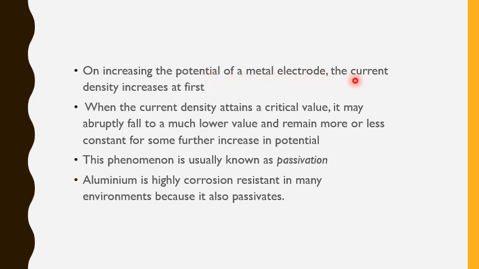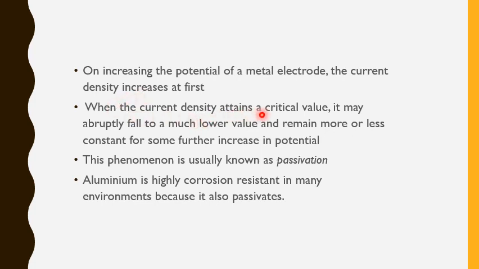When the metal has high electrode potential, its current density will also be high, meaning its corrosion rate will also increase. When we increase the electrode potential of a metal electrode, its current density also increases, meaning its corrosion also increases.